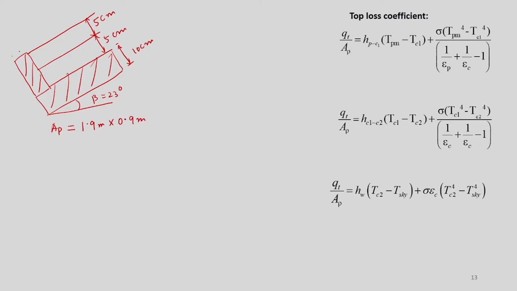This thickness is given as 5 centimeter, and this is the emissivity of the absorber plate. So, this will be 0.85, and for these two covers, C1 and C2, the emissivity will be 0.85, right.